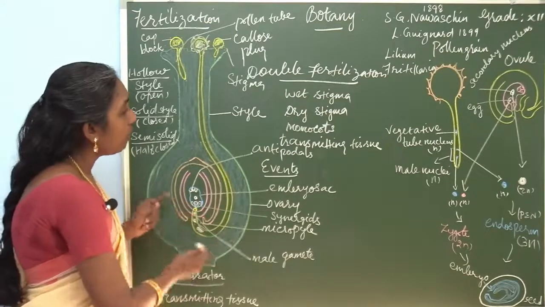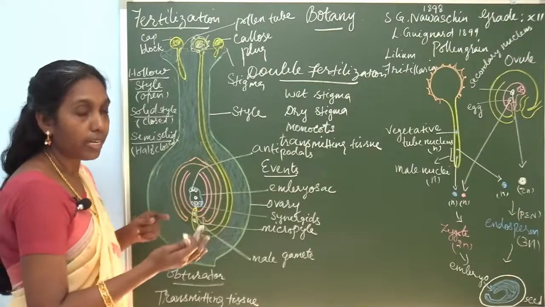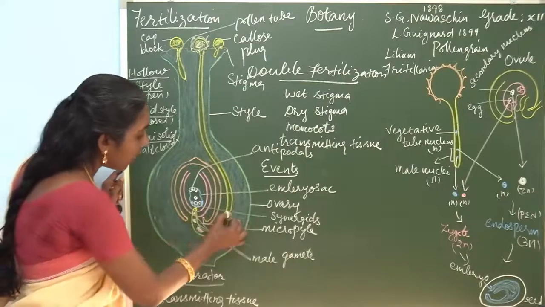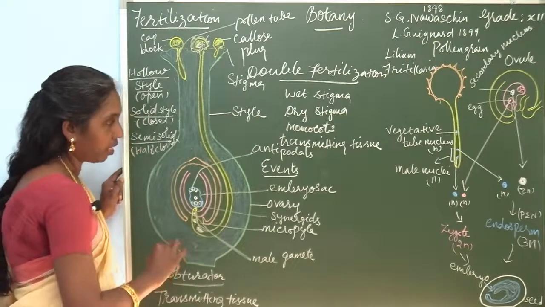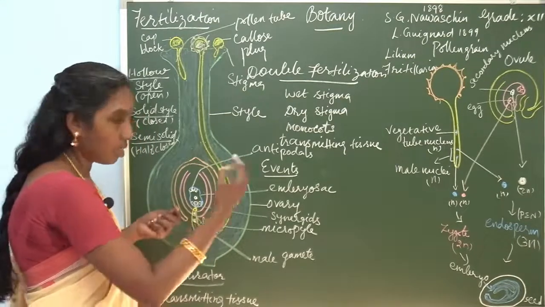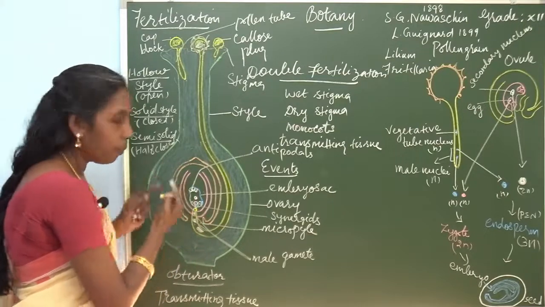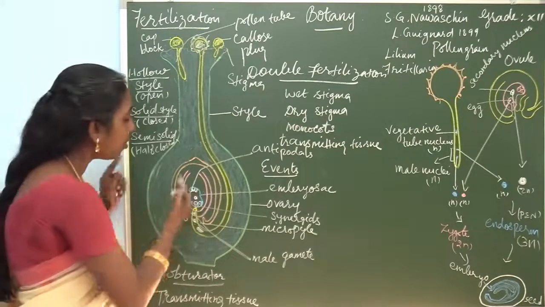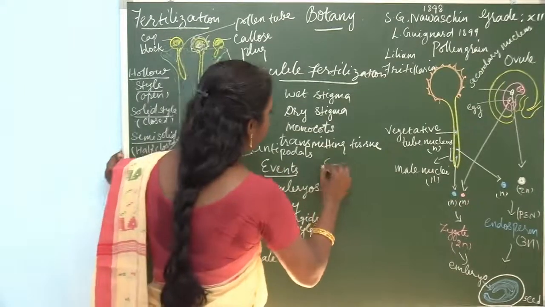Regarding the entry of the pollen tube, there are also different types. When the male gametes are carried towards this embryo sac, the next process is called the entry of the pollen tube.